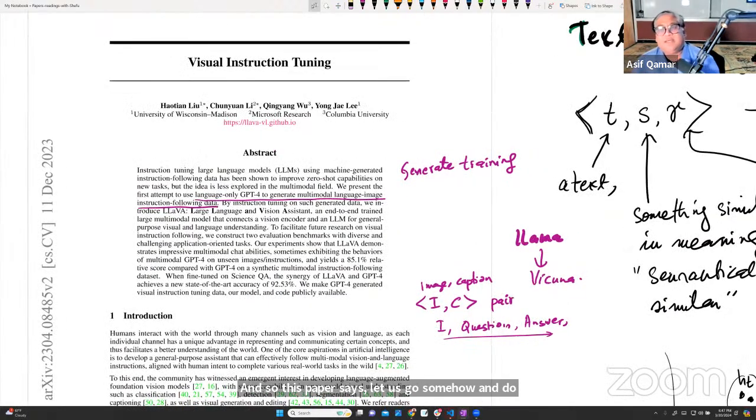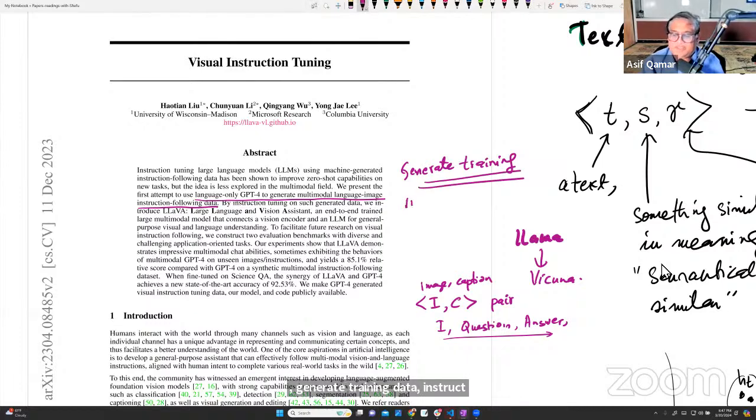One way to do that is to use a powerful model like GPT-4, which can only do text. Obviously GPT-4's visual version has also come out now, but they are not using that. They're saying, let's use a powerful model to generate training instruction data. That is the first goal. Because if we can do that, then comes the next part.